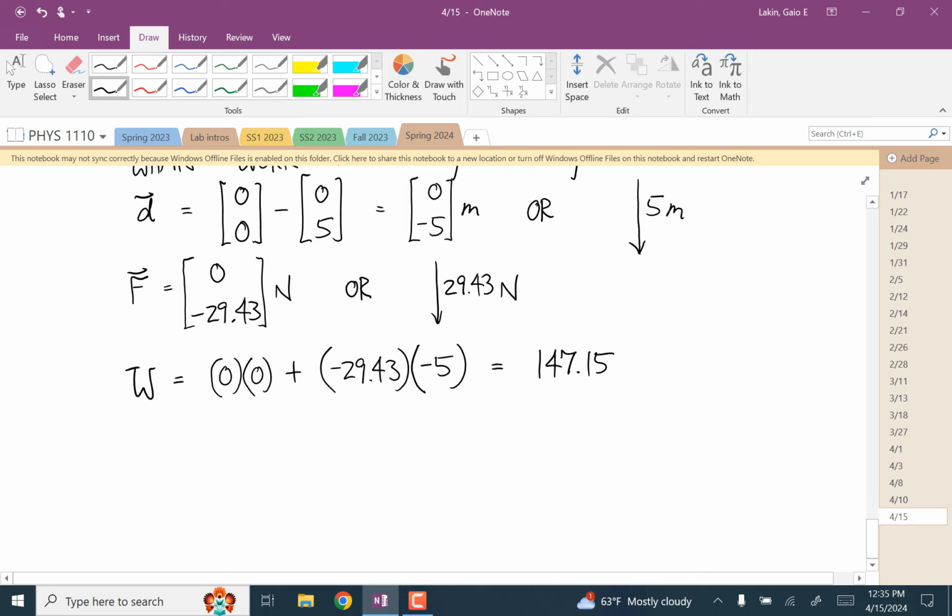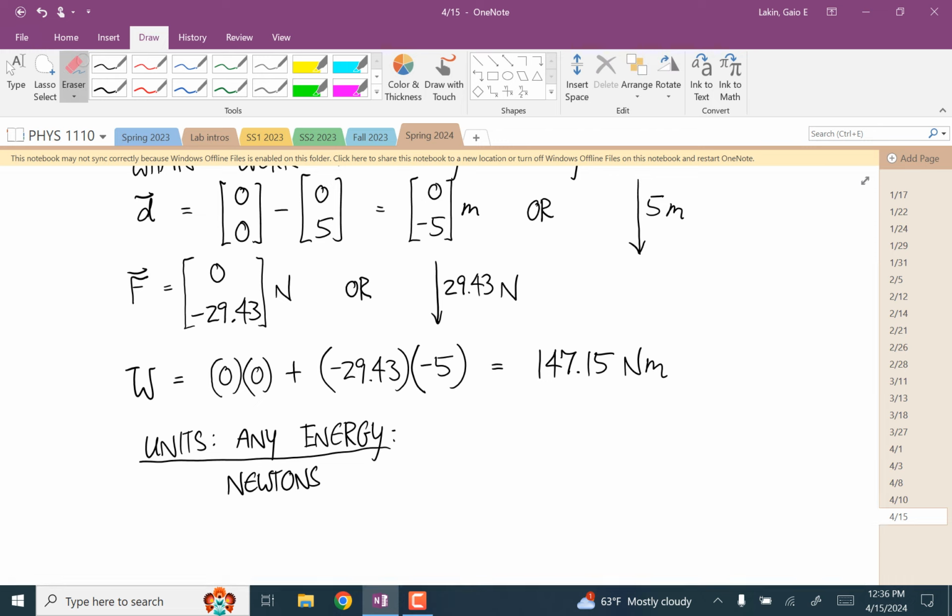What are the units? We have newtons from the force and meters from the displacement. Okay, so those are units. It turns out that when we're talking about energy, we have a name for newtons times meters. Sorry, these are the SI units.